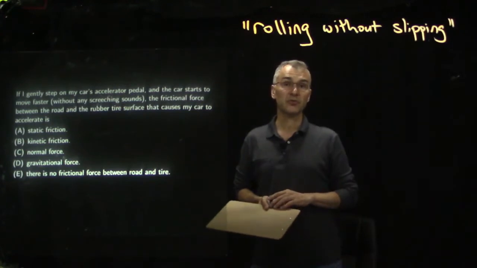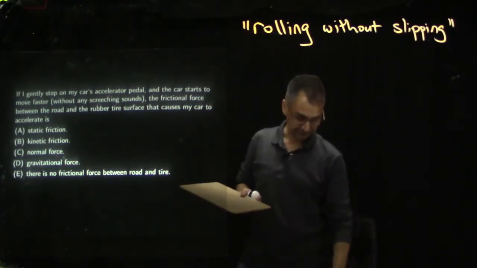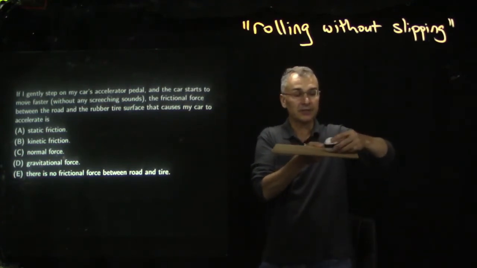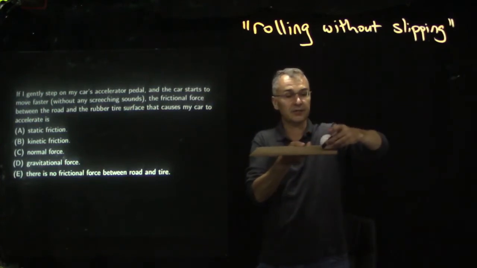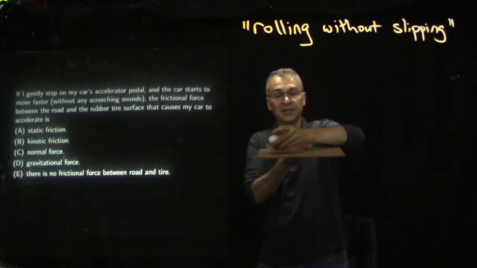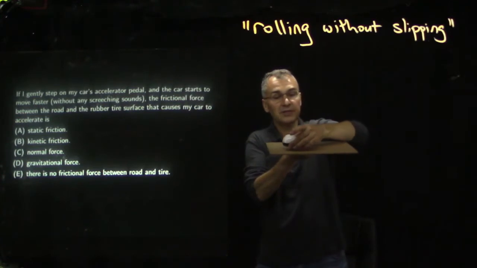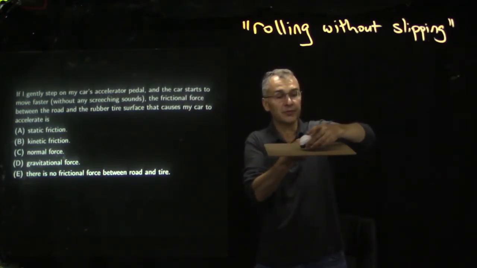So we have this important term in physics called rolling without slipping. If you have a wheel traveling on the ground and it is rolling in such a way that there's no screeching sound, then the instantaneous point of contact between the tire and the road is actually not moving with respect to the road.